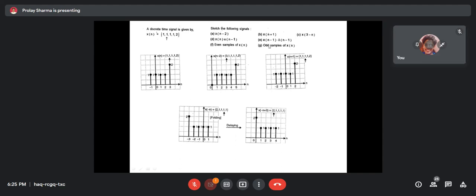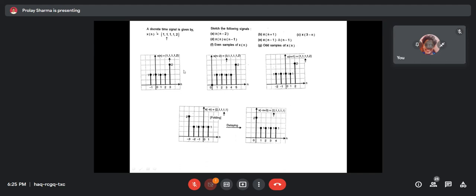Now the next operation is x(3 minus n). To get the signal x(3 minus n), what do we have to do? First we have to find the signal x(minus n), then we do some delay or advancement, whatever is needed, and find the signal.